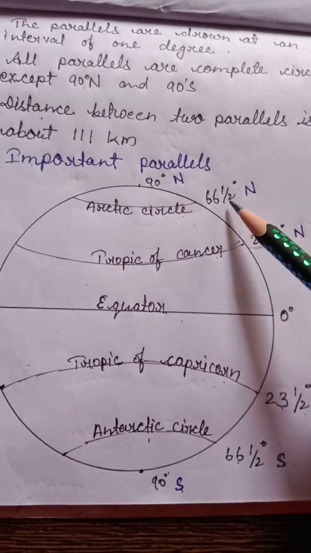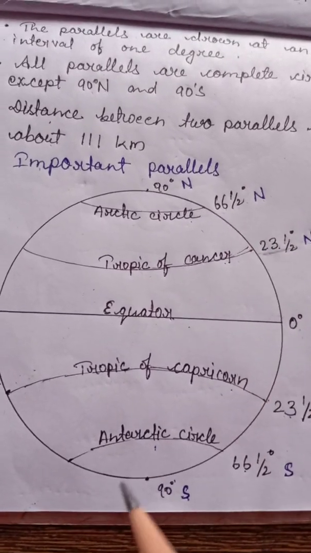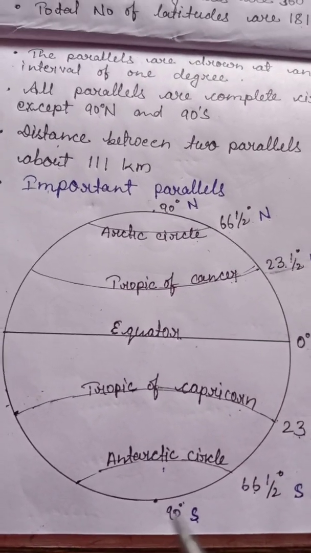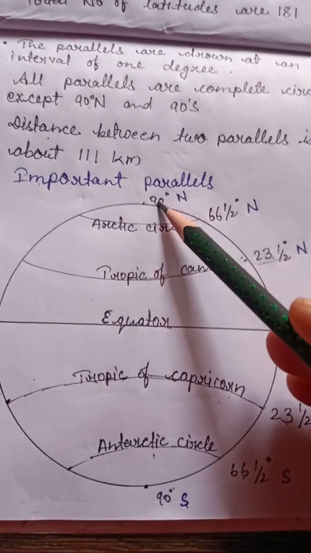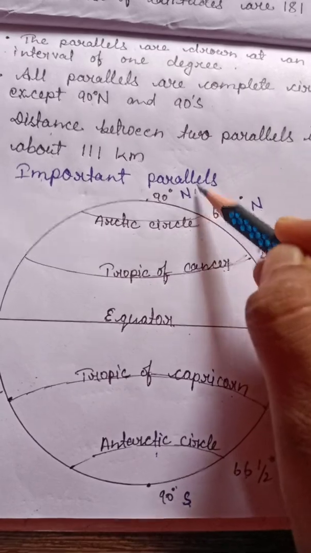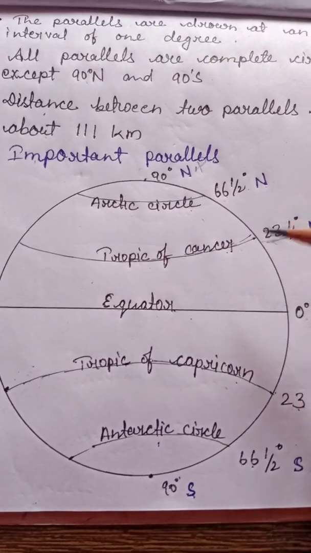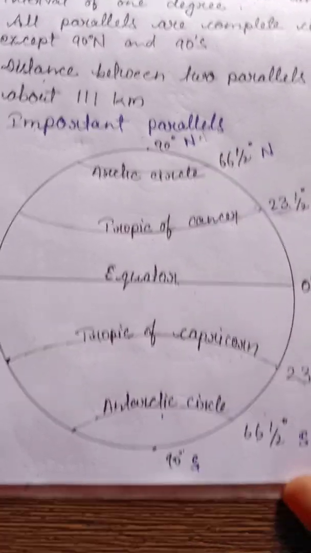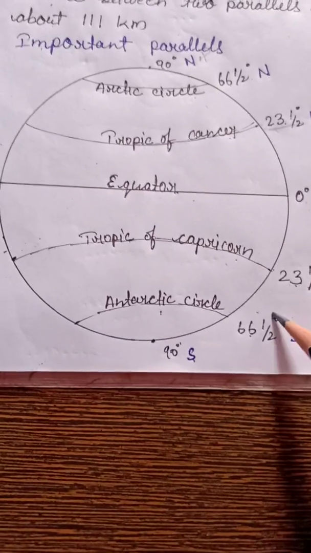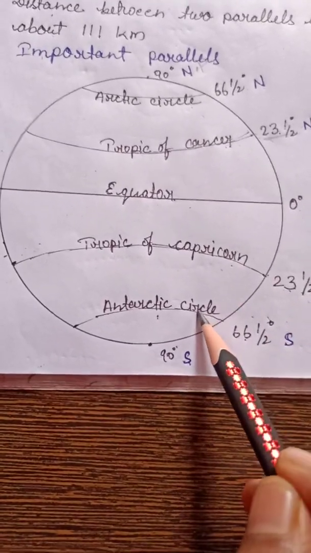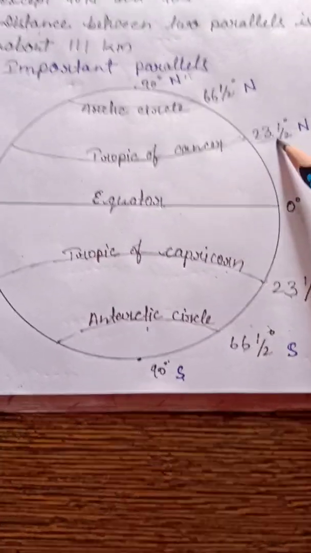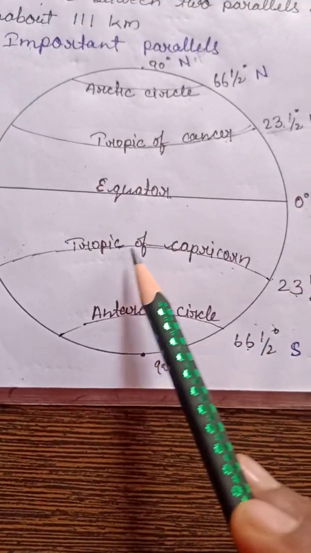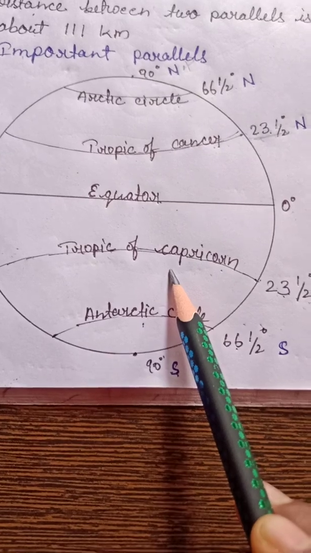And 66.5 degree north is known as the Arctic Circle, and 90 degree, you know, is the North Pole. And as in the northern hemisphere, the degree will be the same in the southern hemisphere, but the name will change. 23.5 degree is the same as the northern hemisphere, but the name here is the Tropic of Capricorn.